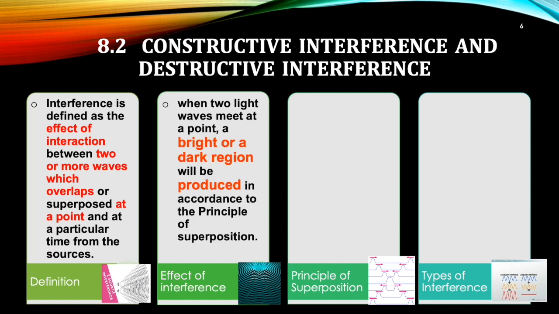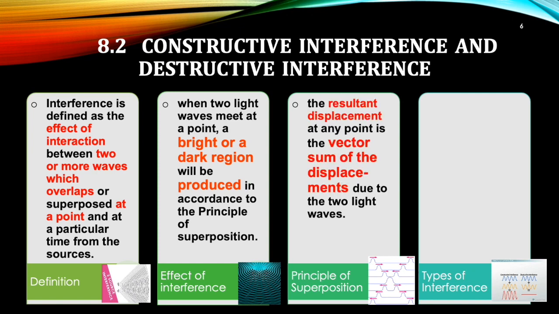The effect of interference is that when two light waves meet at a point, a bright or a dark region will be produced in accordance with the principle of superposition. The principle of superposition states that the resultant displacement at any point is the vector sum of the displacements due to the two light waves.